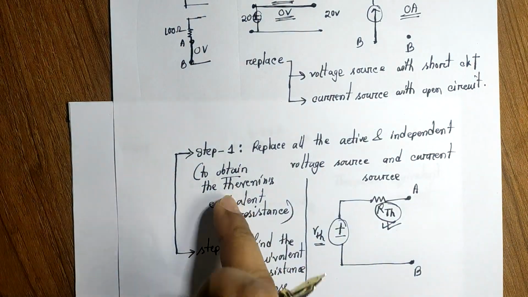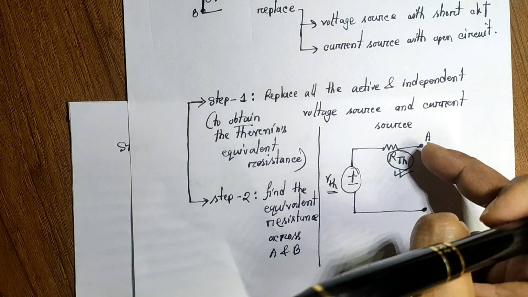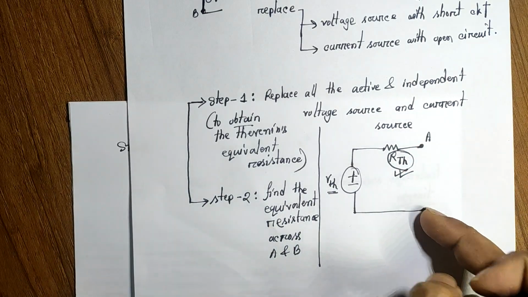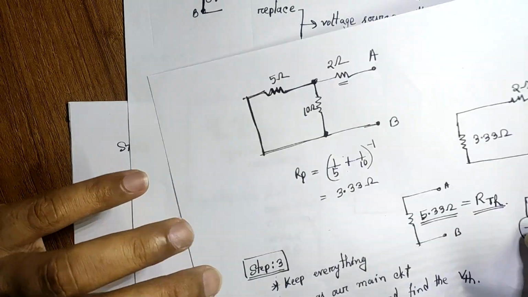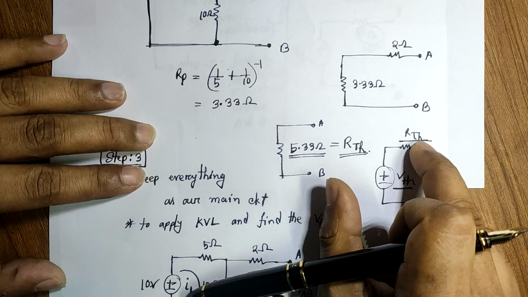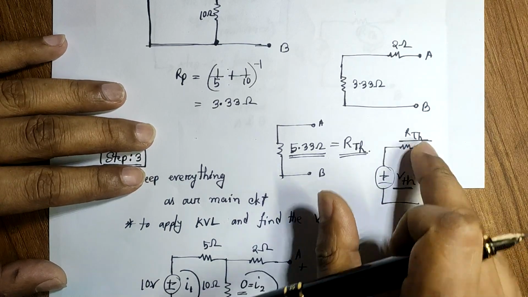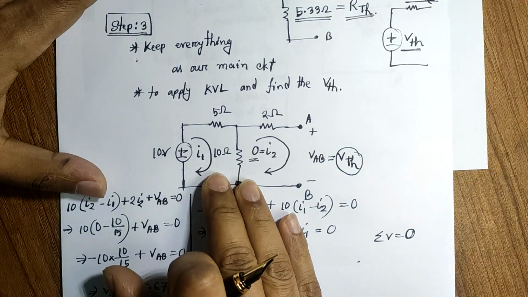After that, use any convenient method to determine the resistance across the predefined nodes A and B, and that will be your value of RTH that we did here. When you have found the value of RTH, it's time to find the value of VTH. To find the value of VTH, we go back to our original circuit.